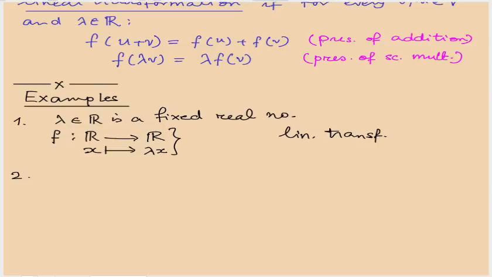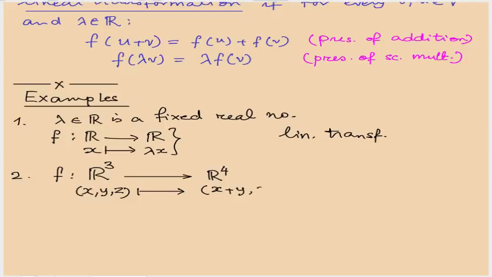For instance, let's have another one. Let's take R3. Well, any Rn with its usual addition and scalar multiplication is again a vector space. So these are triples, and I take x plus y, x minus y, 2x plus 3y, and 4 times z.